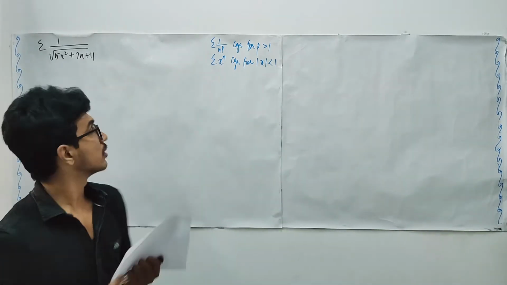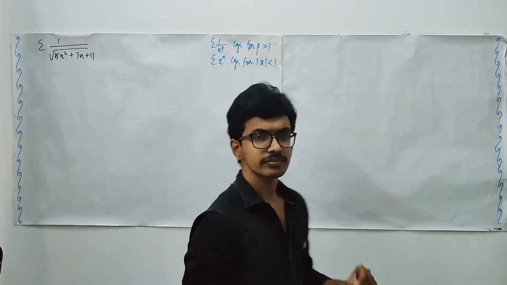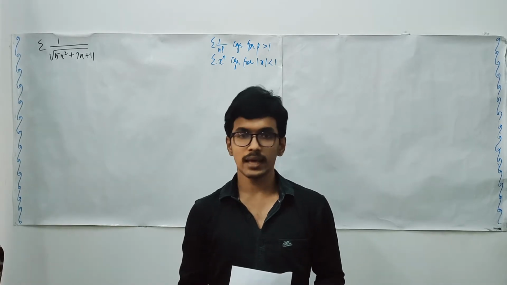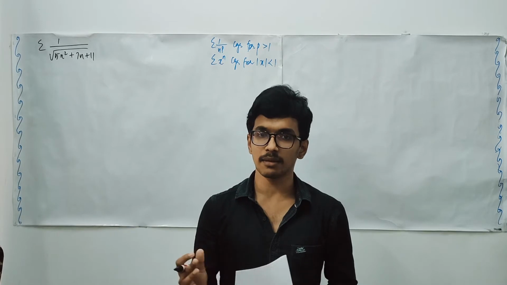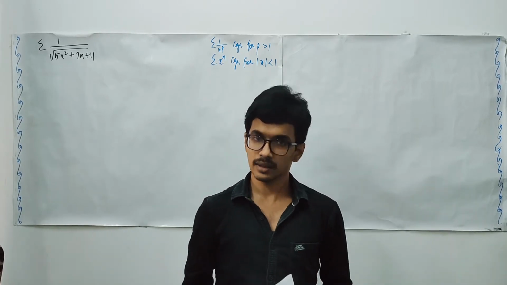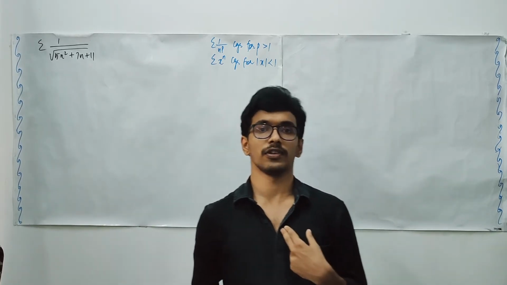Here in this problem we will have to identify one more thing. We are given only one series, whereas in the comparison test we need two series so that the comparison can be done, and we will have to talk about its convergence, right? Here the second series we will have to identify.